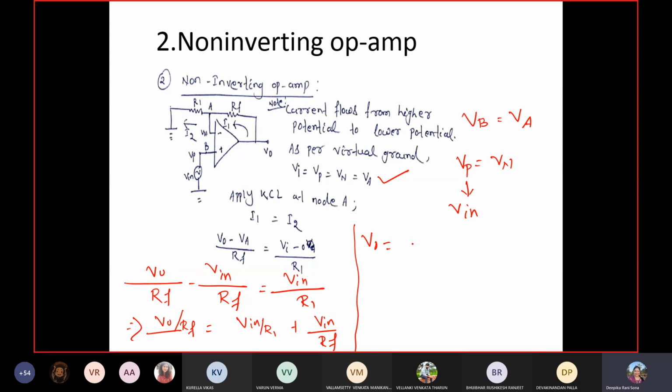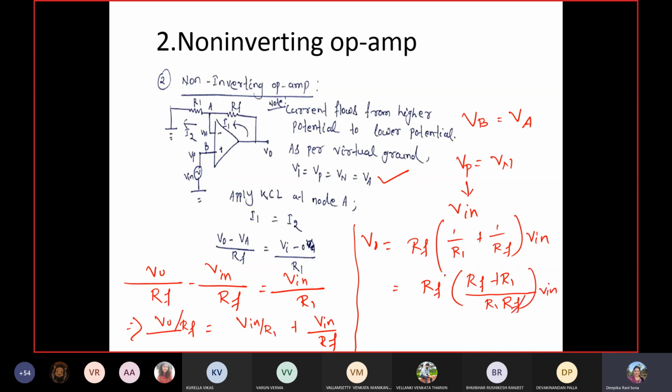V0 equal to, I'll take Rf to this side, and the simple term is 1 by R1 plus 1 by Rf into Vin. If I simplify further, this is Rf whole into Rf plus R1 divided by R1 into Rf into Vin. So here Rf and Rf will cancel out.